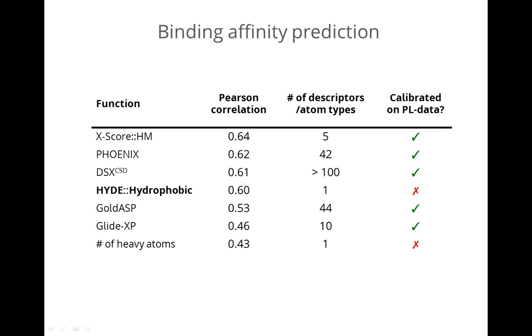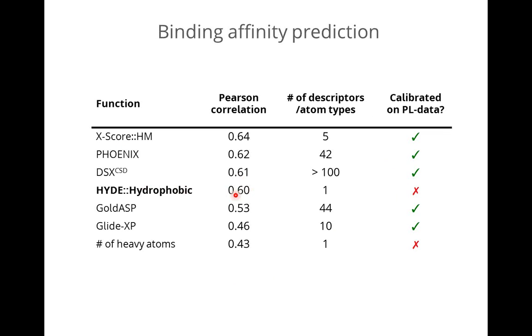This is a very hard data set, I should say, because the information comes from all different kinds of sources of information about binding affinity. The complexes come from different labs, and so it is very hard to have a congruent picture of the data. And yet, we do get a Pearson correlation of 0.6.